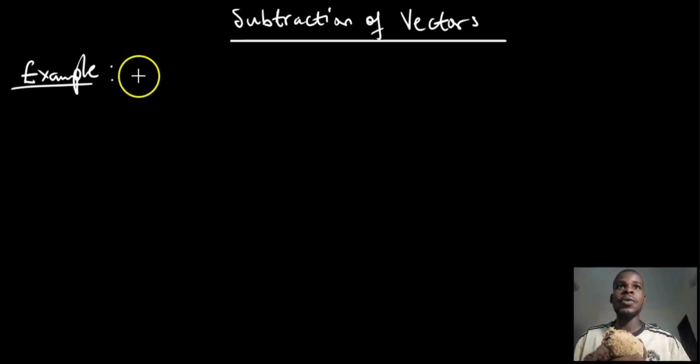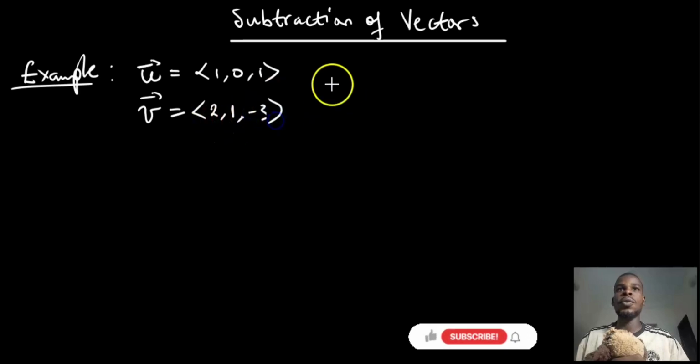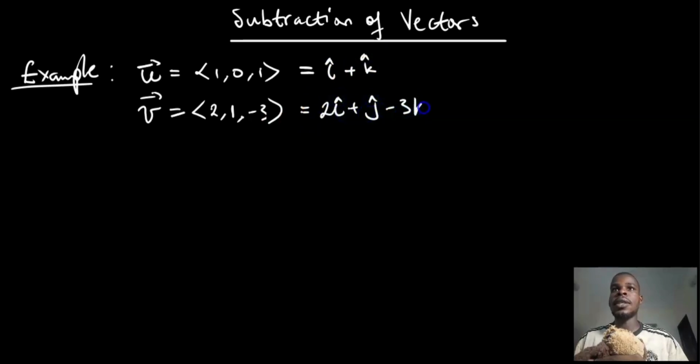Let's say we have two vectors, u and v. Vector u is given by, let's say, 1 0 1. Very simple one. And vector v is given by 2 1 and -3. Recall that these notations are also equal to this: u is i plus k, while v can also be written as 2i plus j minus 3k.